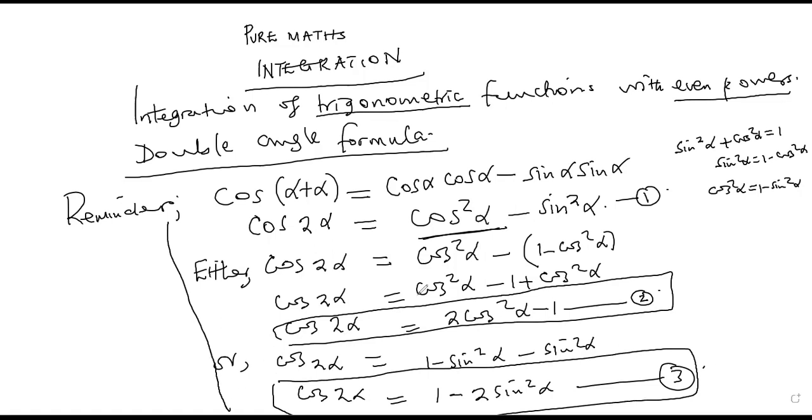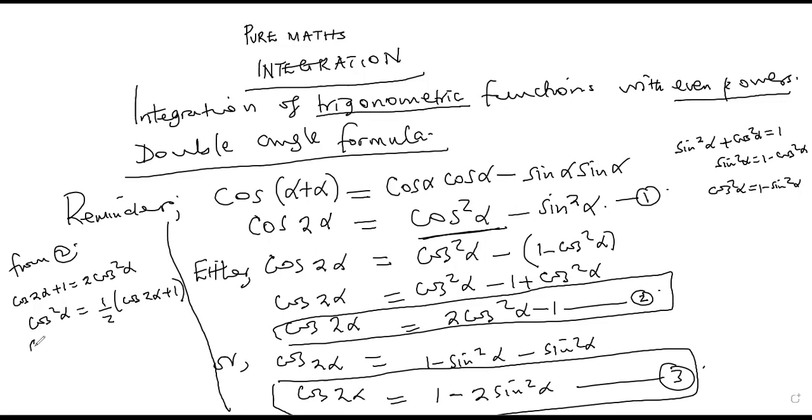From equation 2, we can make cos squared alpha the subject, so that cos 2 alpha plus 1 is equal to 2 cos squared alpha, implying that cos squared alpha is a half of cos 2 alpha plus 1.